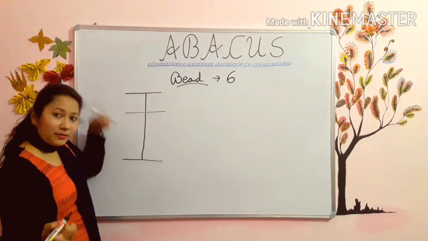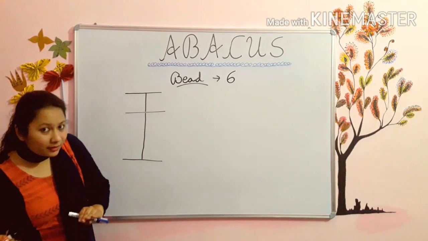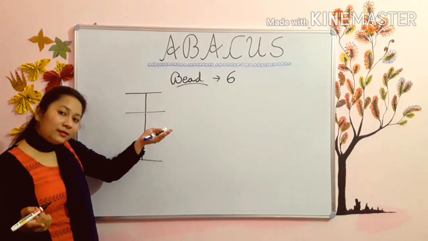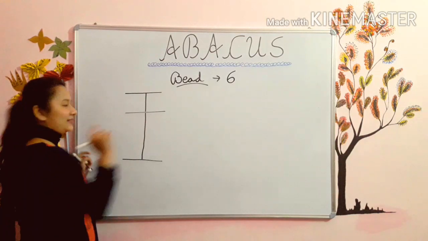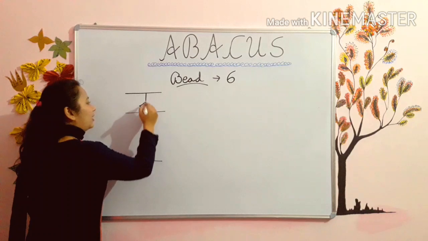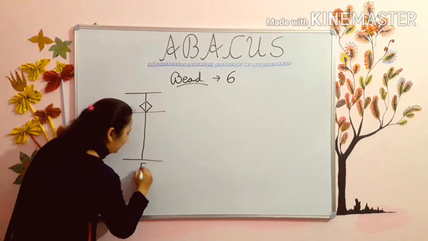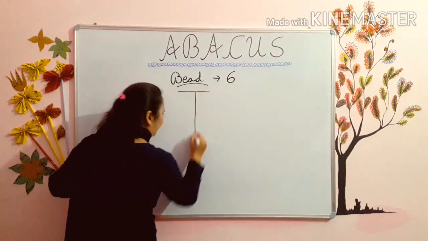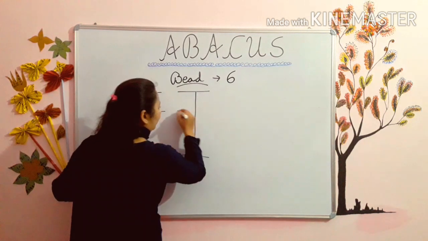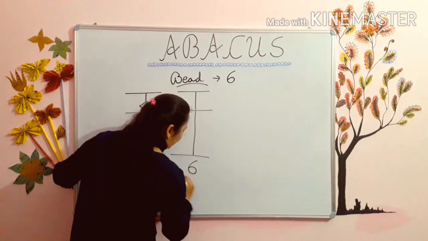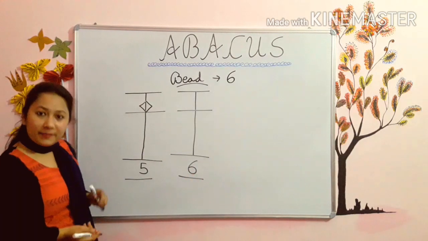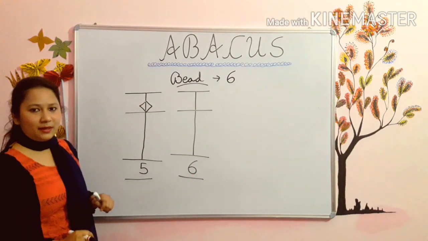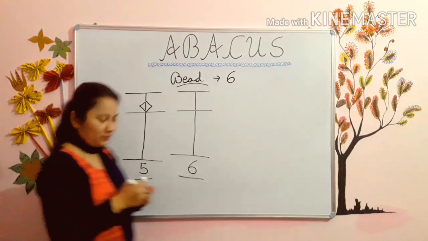Below the line or above the line? Yes, above the line. This is beat 5. Now we have to make beat 6. So see, students.